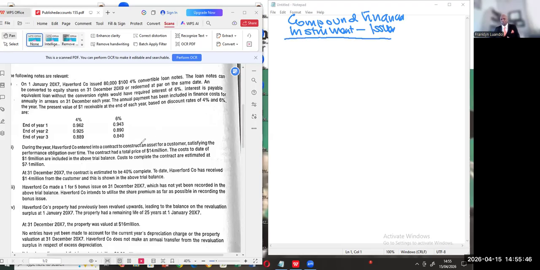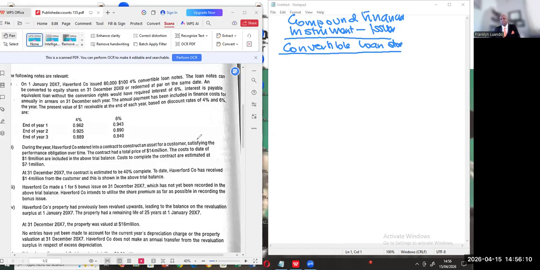One example of a compound or hybrid financial instrument is convertible loan stock.